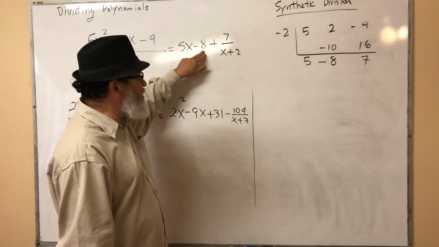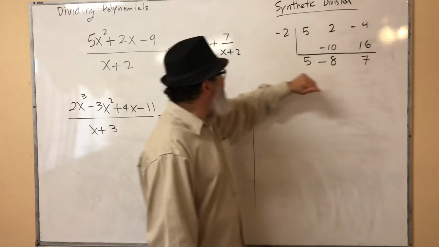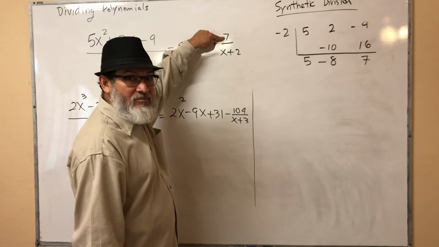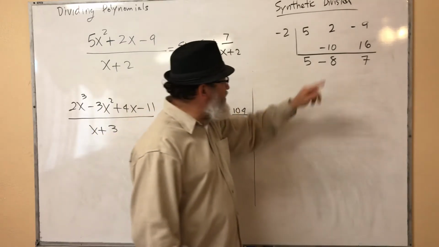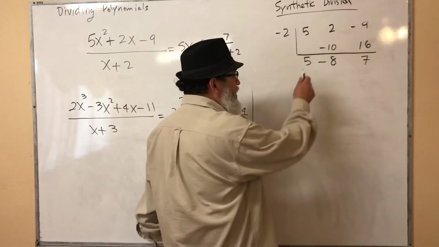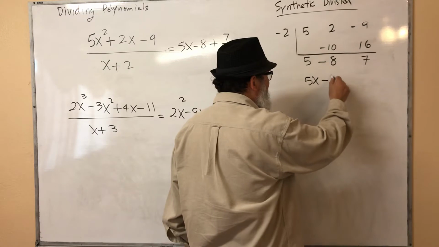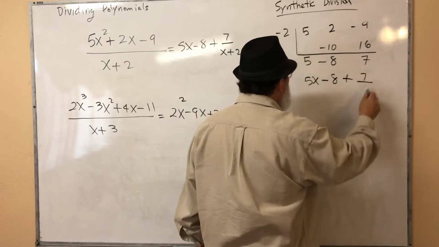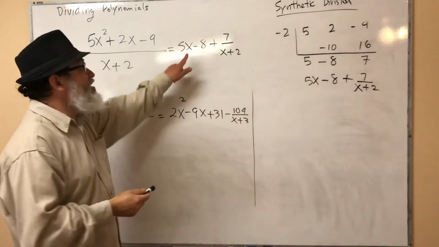And this must be what? This is the remainder, look, over x plus 2. So that's our answer. By looking at this, I can tell you right away that the answer is 5x minus 8 plus 7 over x plus 2. Same thing.